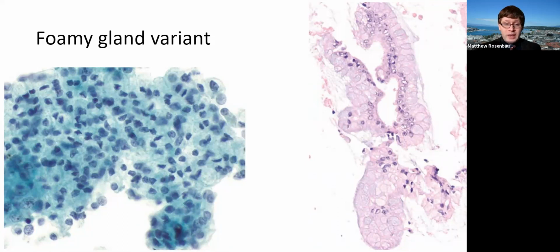Clear cell renal cell carcinoma can, under certain circumstances, mimic this on cytology. If you look at the cell block, when you have that glandular mucinous looking appearance, that will look different. But on cytology, theoretically, under the right circumstances, a clear cell can mimic a foamy gland variant as well. That being said, usually you're going to have either a renal mass associated with it or a history of renal cell carcinoma.